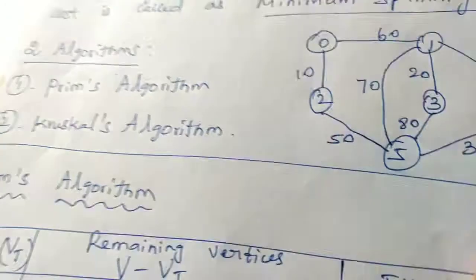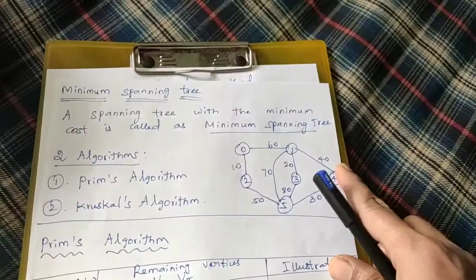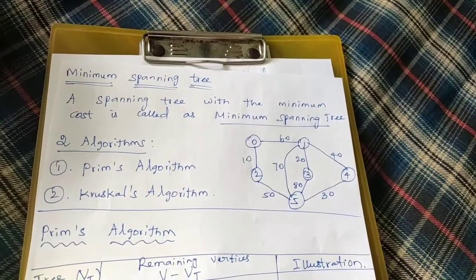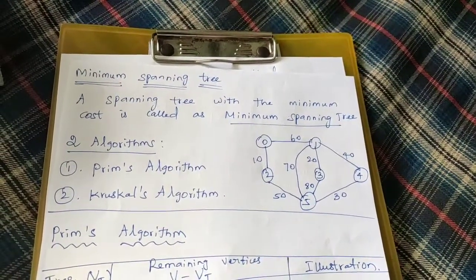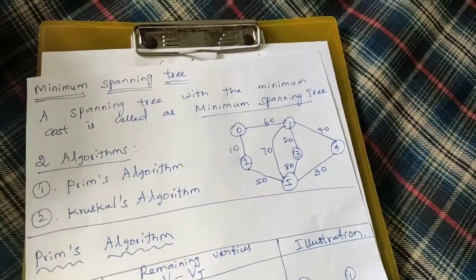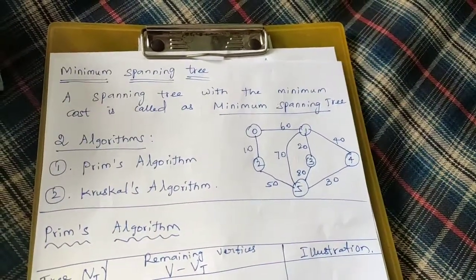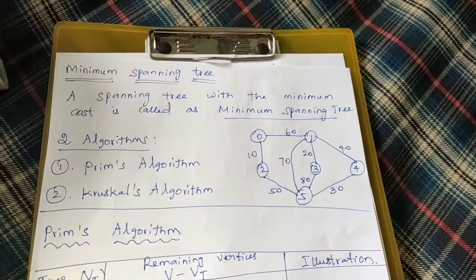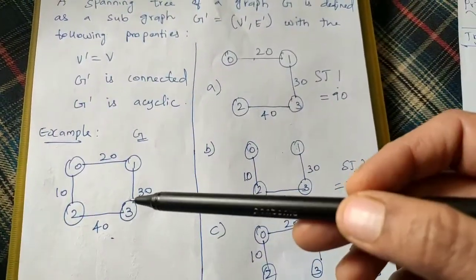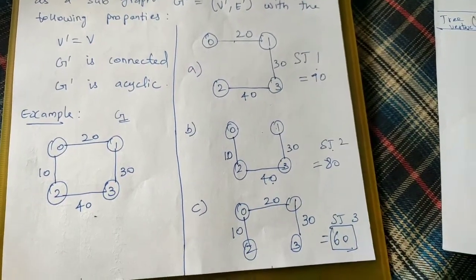So we can define the spanning tree as a connected acyclic graph. Now we are going to define what a minimum spanning tree is. A spanning tree with the minimum cost is called a minimum spanning tree. For this graph I have constructed 3 spanning trees.